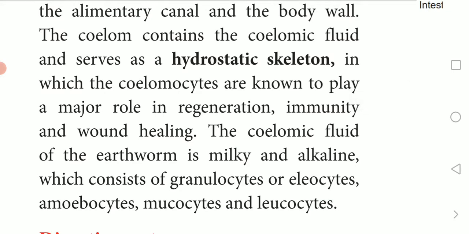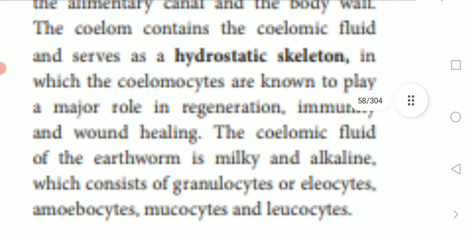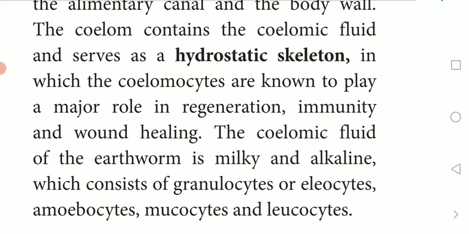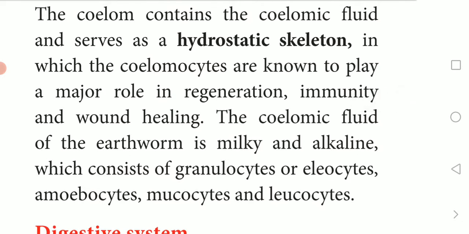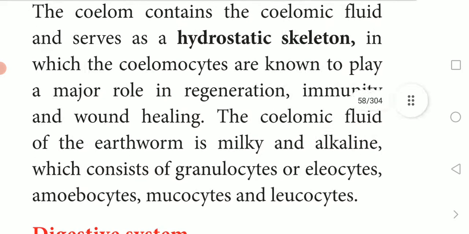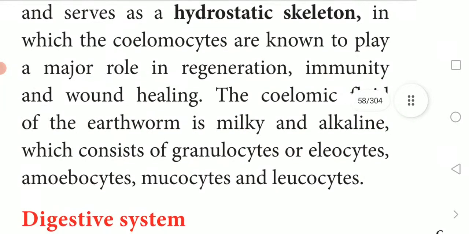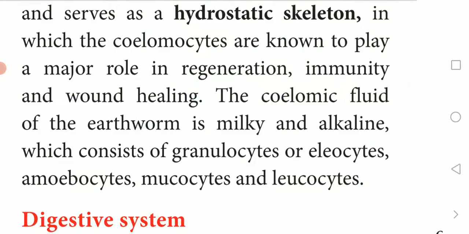The coelomocytes are known to play a major role in regeneration. Here the coelomocytes are cells present in the coelom. What is the use of this? When we cut the earthworm into different pieces, each piece of earthworm will grow fully, and that is what we call regeneration. So the coelomocytes are used for regeneration and immunity.